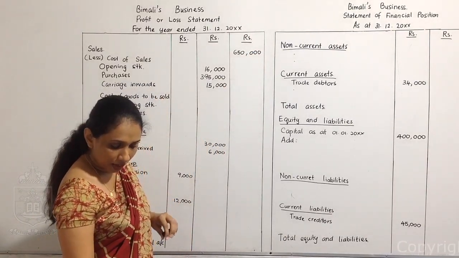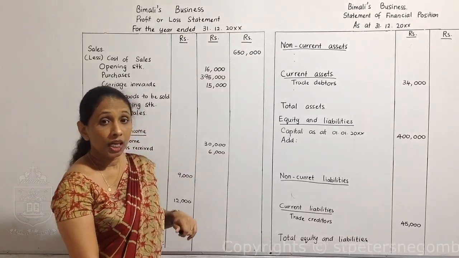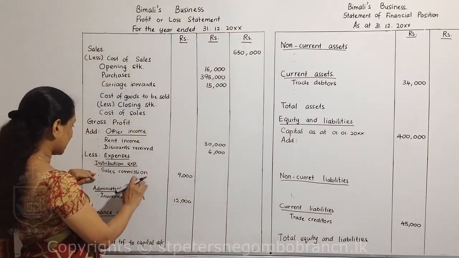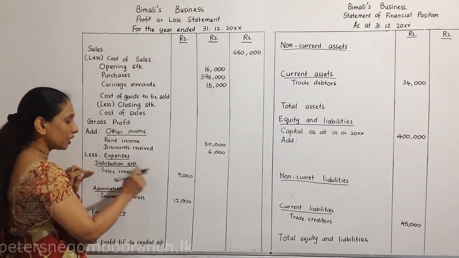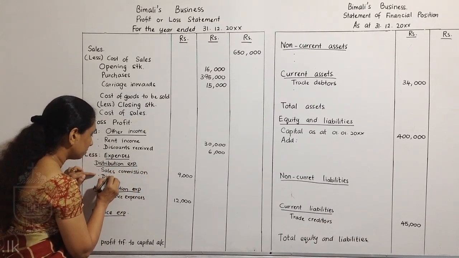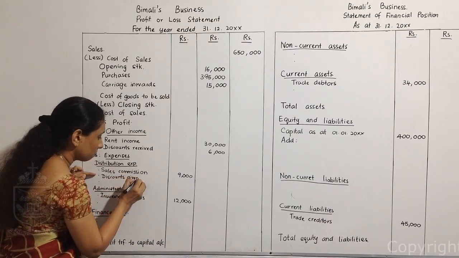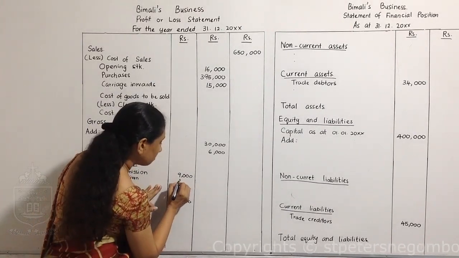Then again we have an expense, which is discounts given, again coming under the distribution expenses category. So let's go to that particular category there. Distribution expense, we have already put one expense, and the second one is discounts given. That is 3,000.